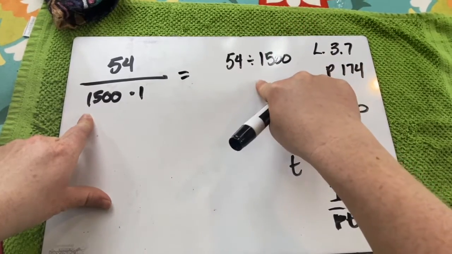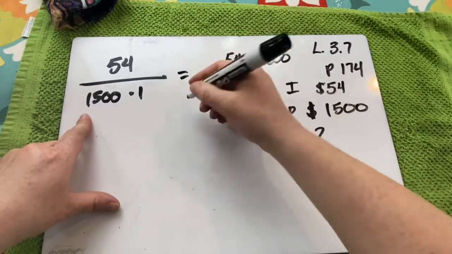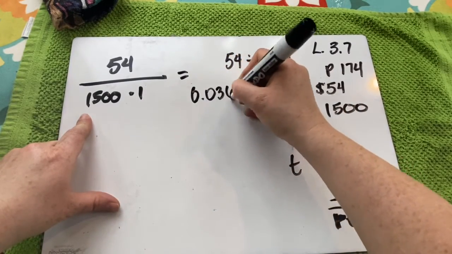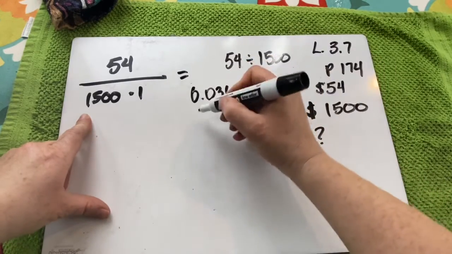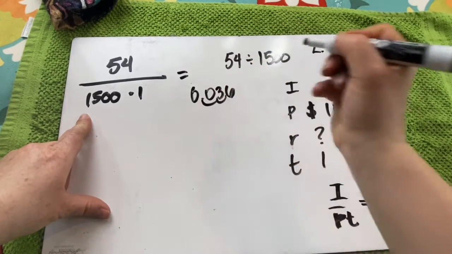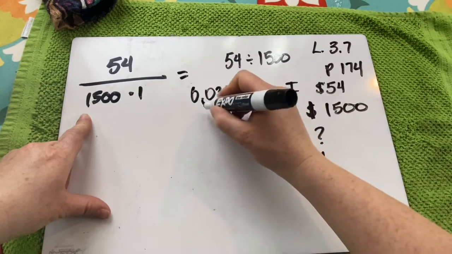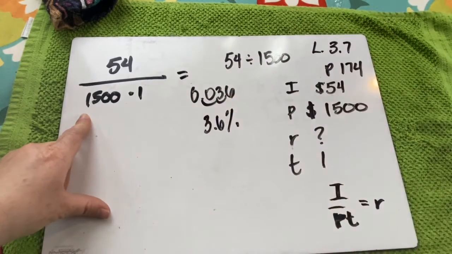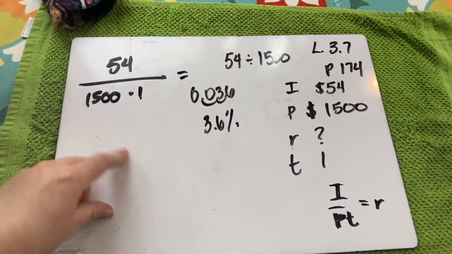You should have got 0.036. So you move it over twice, and this is 3.6%.